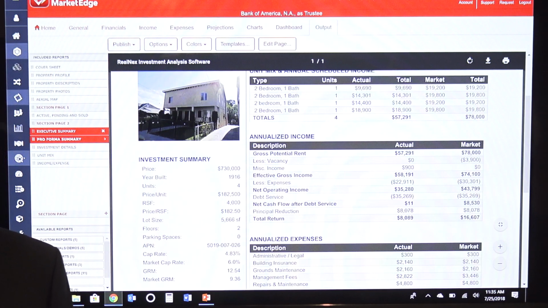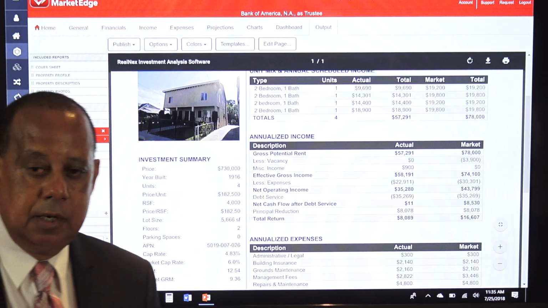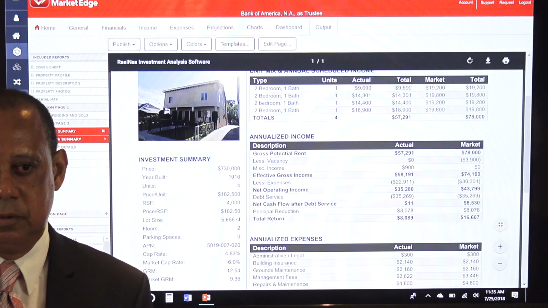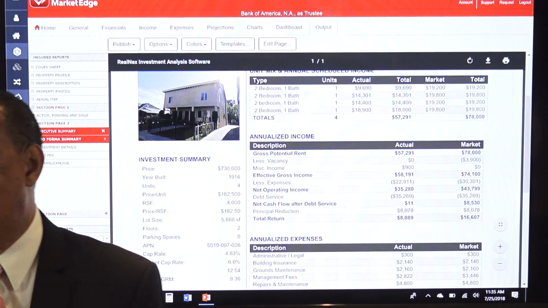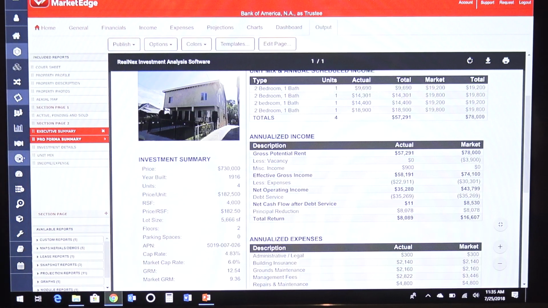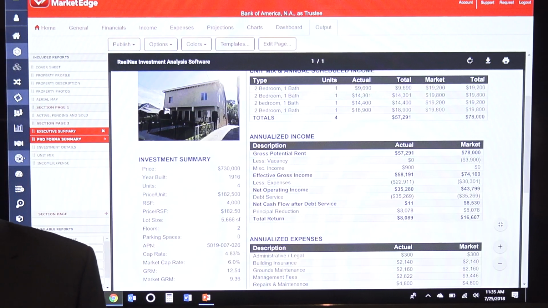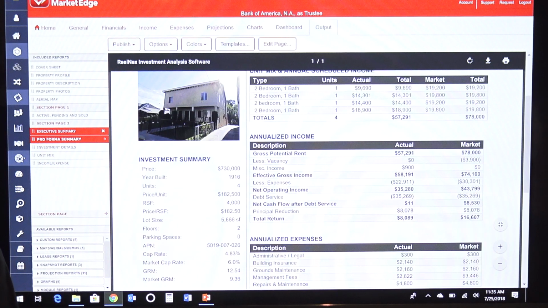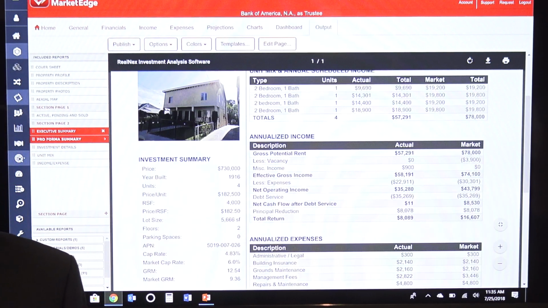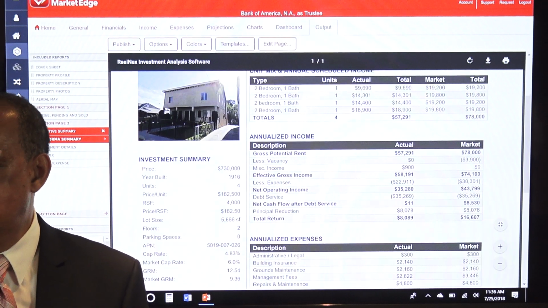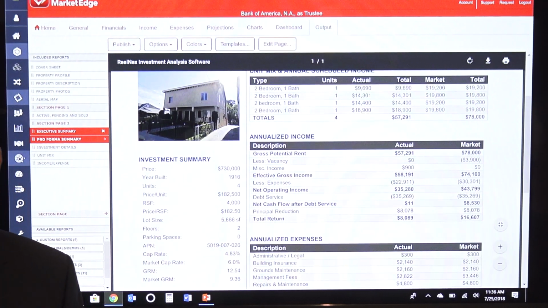Let me tell you why it's an excellent point. Does anybody in here know about rent control? Yes. What is rent control? Thank you. Couldn't say it better. Where are some rent control areas? LA, Santa Monica, San Pedro, Carson, Wilmington.